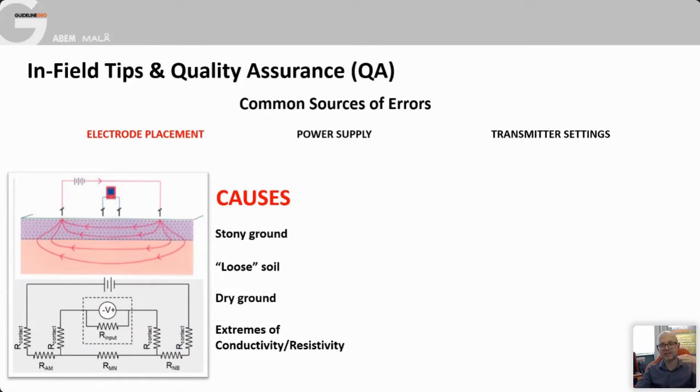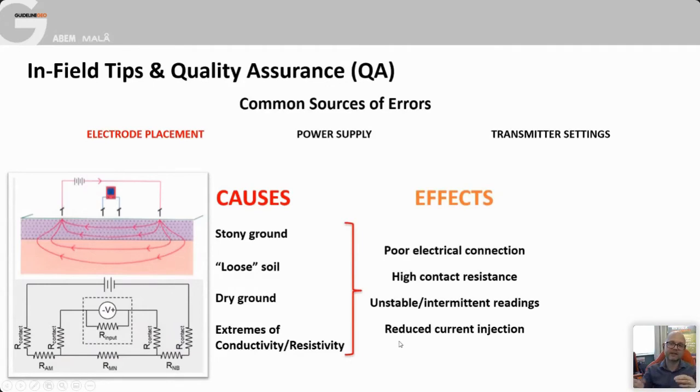As the contact resistance goes up, we're going to see the current go down. And if the current goes down, the signals that are returned are going to be smaller, and therefore the quality of the result is going to be poorer.